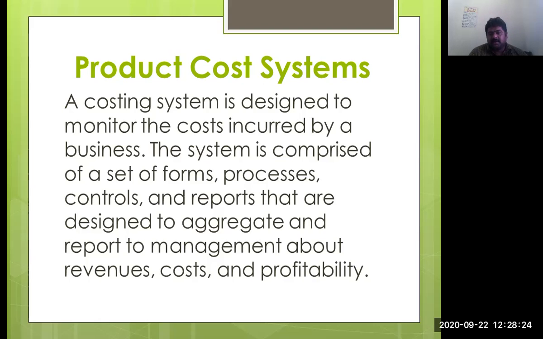But a production cost system can be defined as a system that facilitates determination of aggregate revenues, aggregate costs, and aggregate profitability, even though costs are actually determined at various levels in different forms, and processes and controls are used for that.